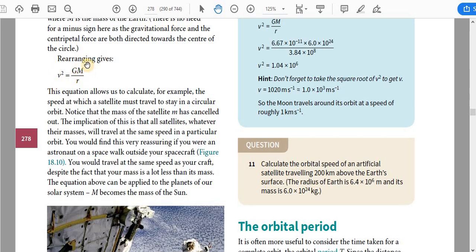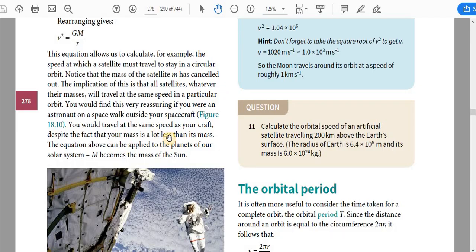Also, the greater the mass, the larger the speed, if r is constant.